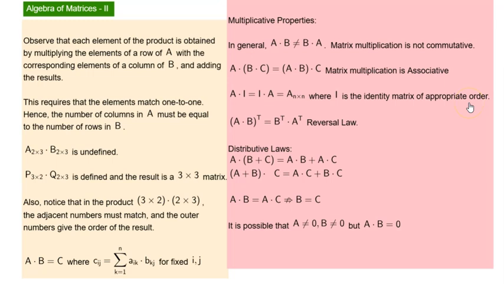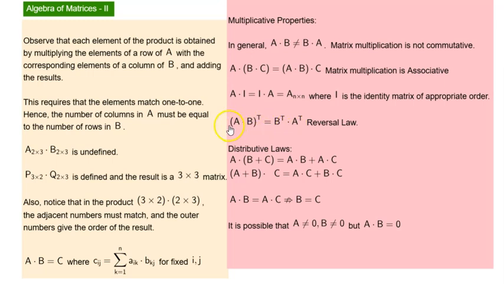Now, the transpose of A times B is equal to the transpose of B times the transpose of A. This is called the reversal law, because remember, multiplication is not commutative.